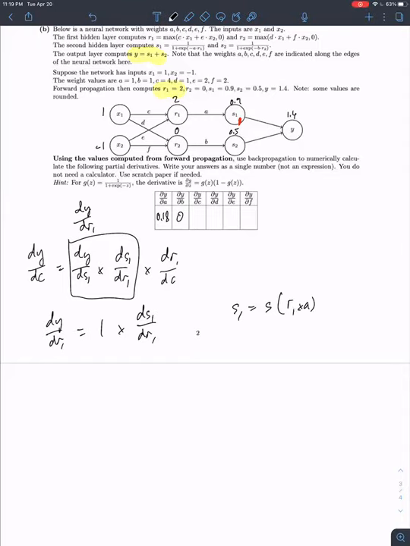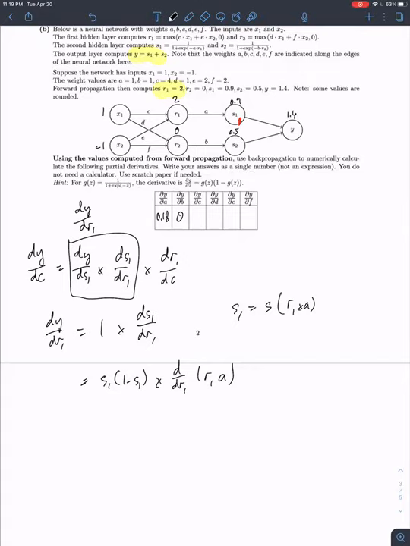So that's s1 times 1 minus s1 times dr1 a over dr1, and we use this fact a lot.